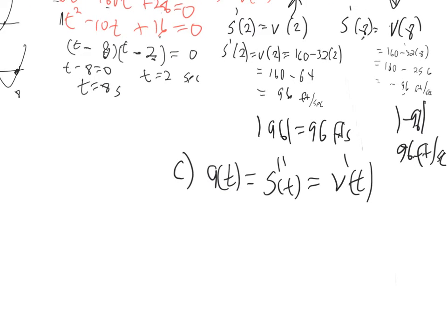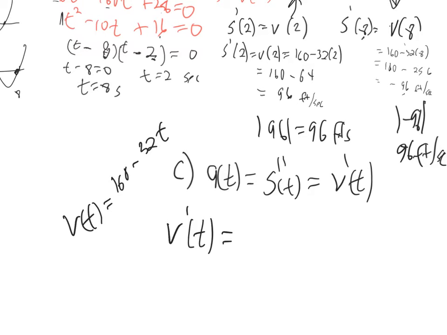So I'm going to take v prime of t. Remember, v of t was 160 minus 32t. I wrote it down for me, not for you, because you already had it on your paper. So v prime of t goes to 0, negative 32.